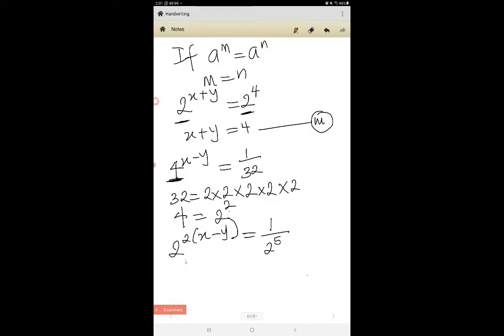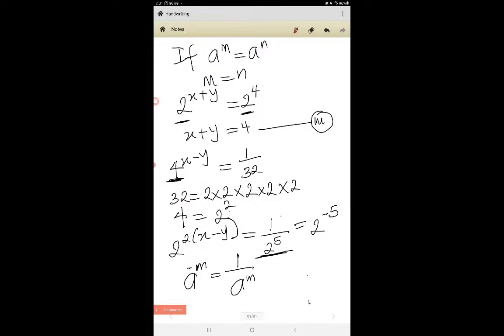Before you proceed, there is one law of indices: a raised to power minus m can be written as 1 over a raised to power m. So 1 over 2 raised to power 5 can be written as 2 raised to power minus 5.